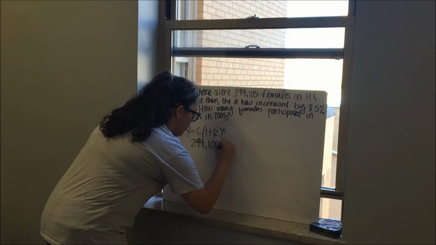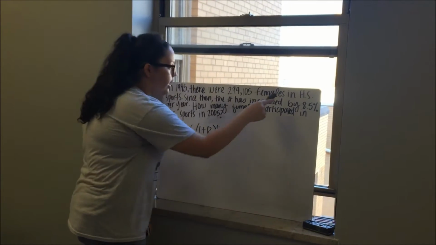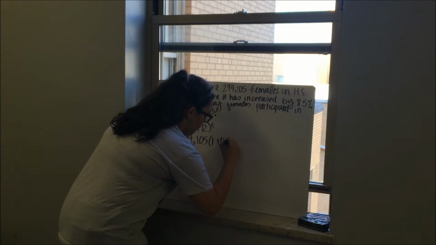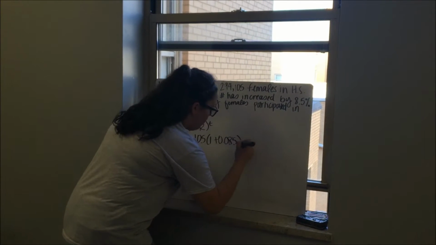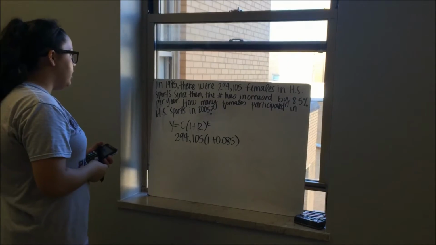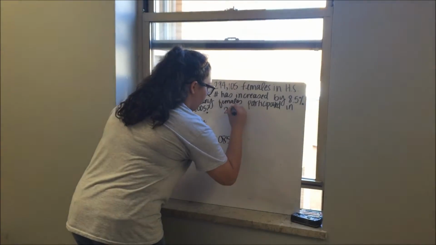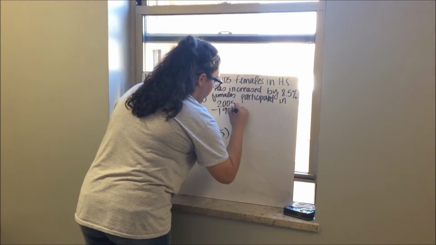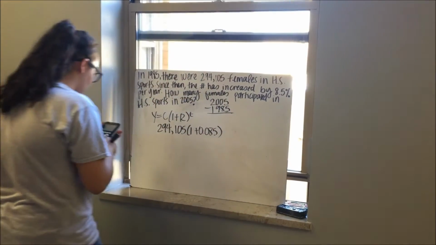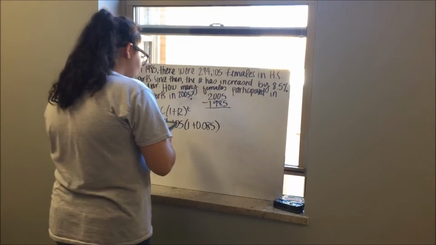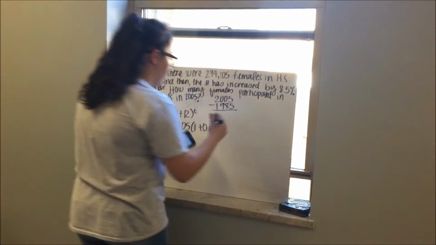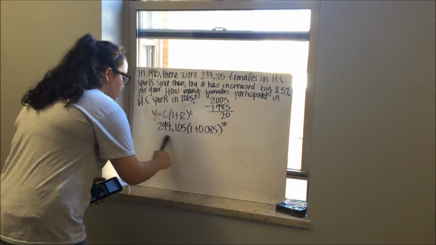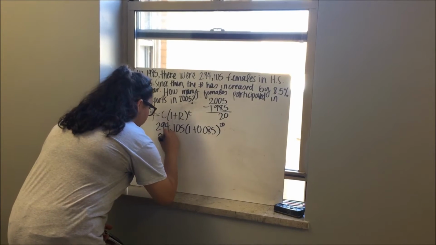Your rate is 8.5%, expressed as a decimal 0.085, and T would be 2005 minus 1985, which would be 20. That will be your T up here.